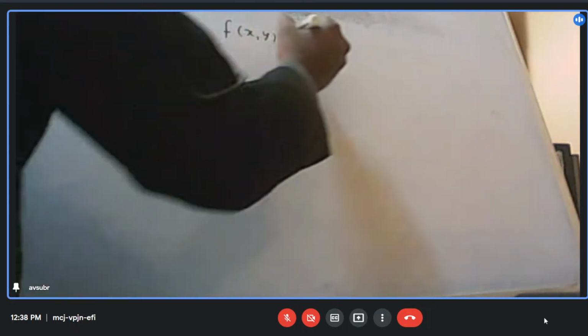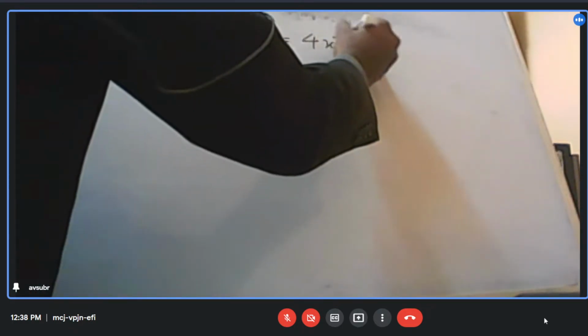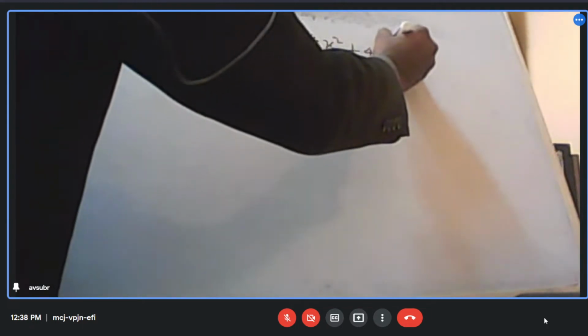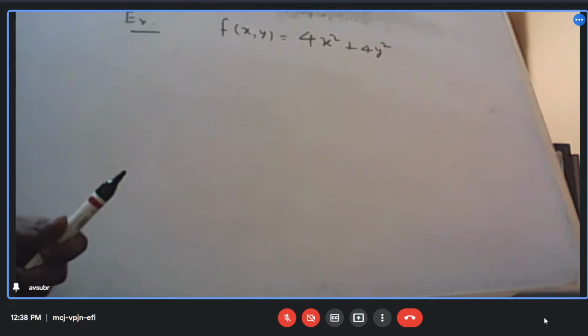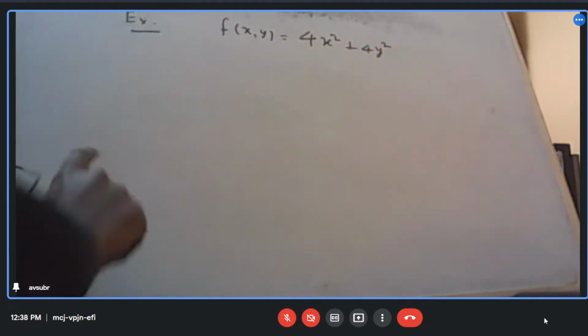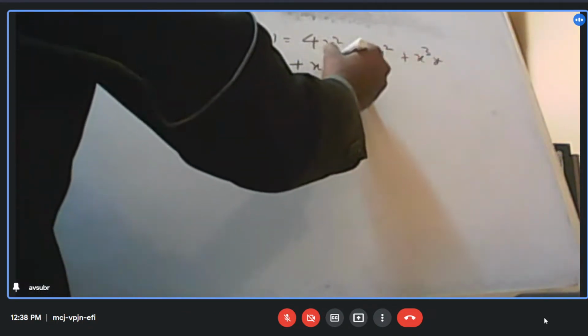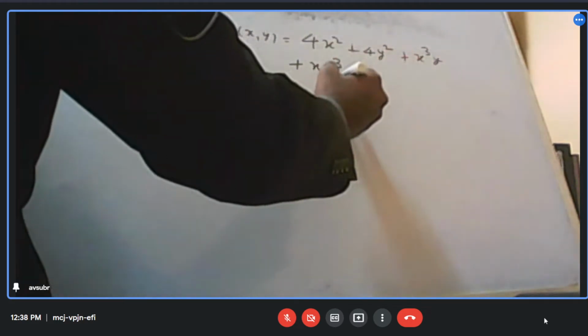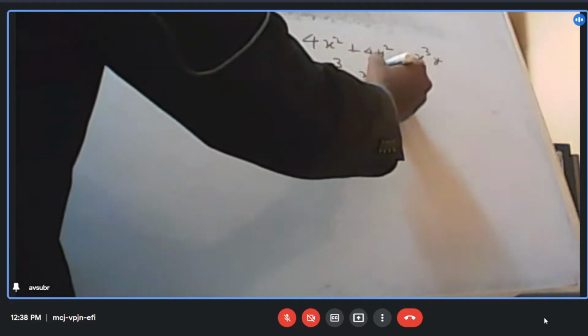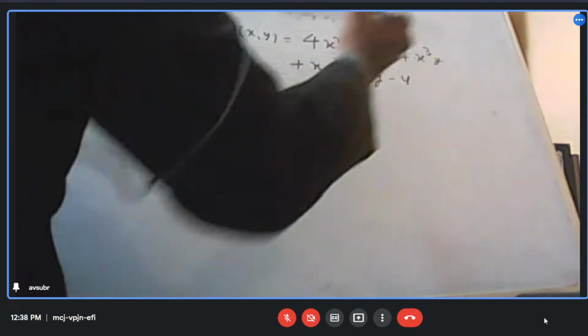Now that function is 4x square plus 4y square plus x cube y plus xy cube minus xy minus.